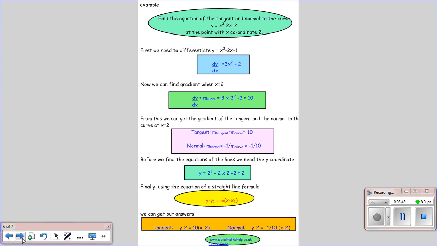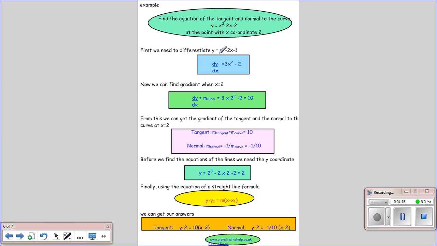Okay, so now we're going to try this example. We want to find the equation of the tangent and normal to a given curve. So that's our curve at a given point. So we want to do that when x equals 2. Now the first thing we need to do in these sorts of questions is differentiate our curve so we get an expression for the gradient.